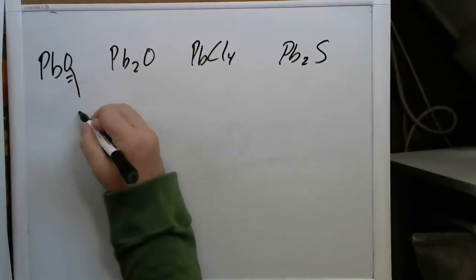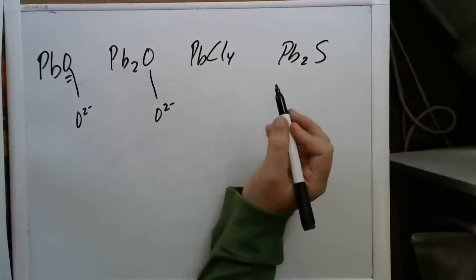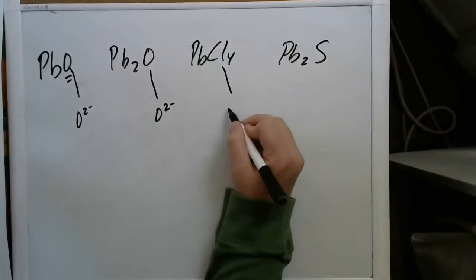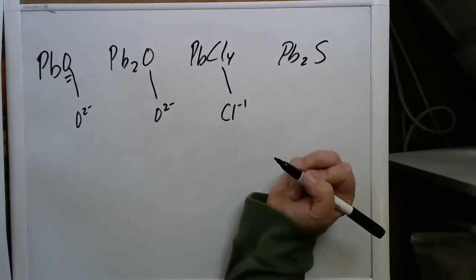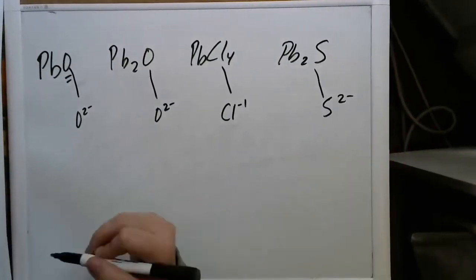So oxygen has a -2 charge. Chlorine has a -1 charge. Sulfur has a -2 charge.